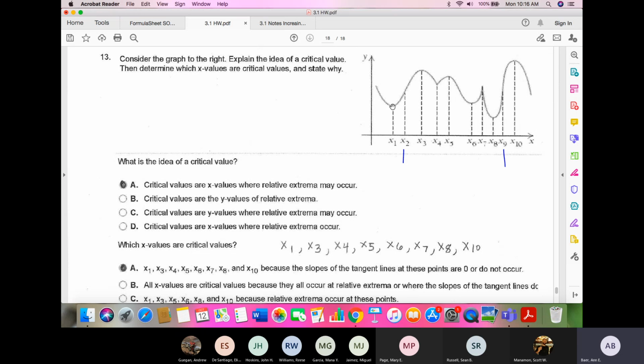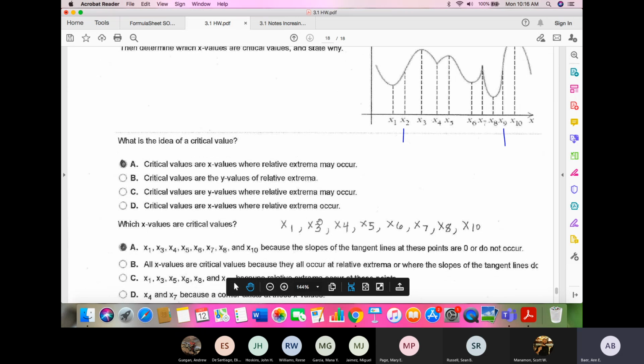So for instance, at x sub 1 here, this changes from decreasing to increasing. So x sub 1 is a critical number. X sub 2, there's no change from increasing to decreasing or decreasing to increasing. It's totally increasing through here and only increasing. There's certainly no change. So x2, I did not include in this list at all.